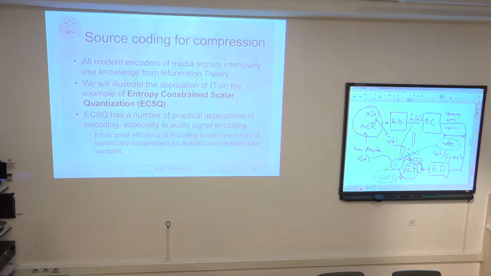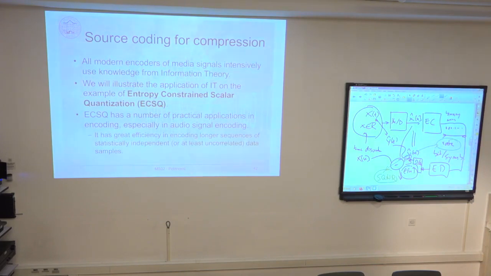These linear dependencies are modeled with this pre-processing that captures the correlations between individual samples of the signal. If I have estimated the model of this correlation, I can decorrelate them.